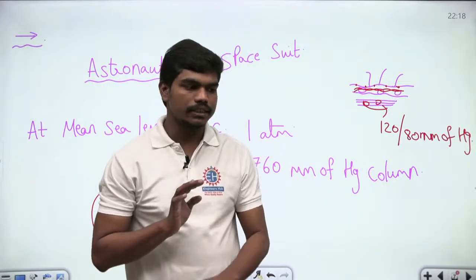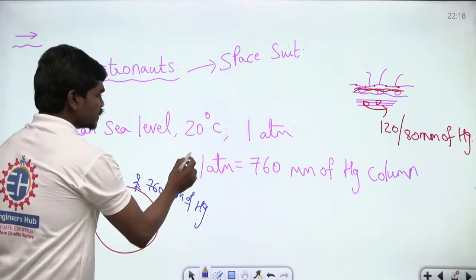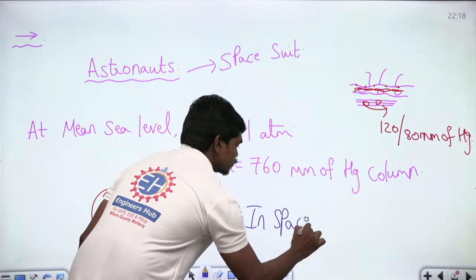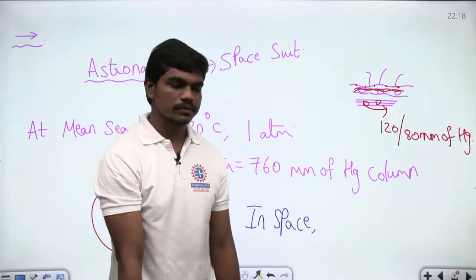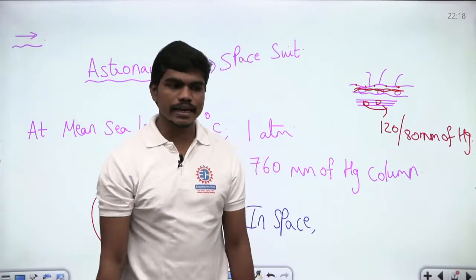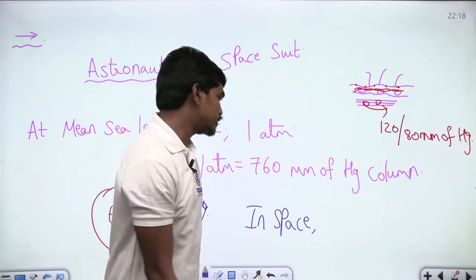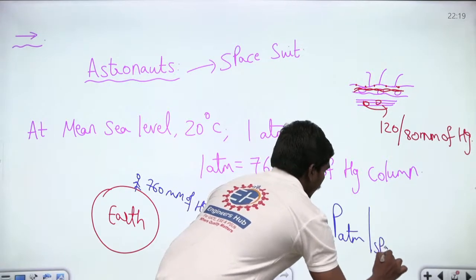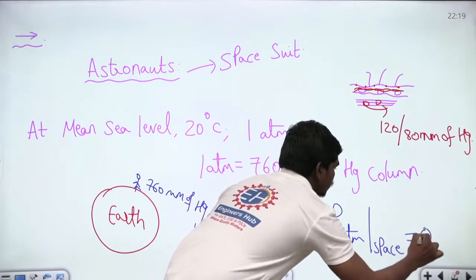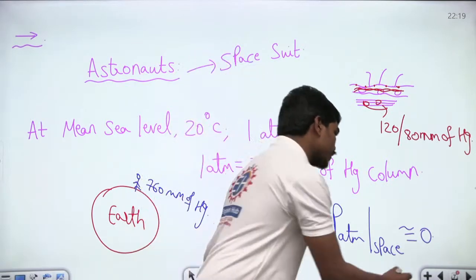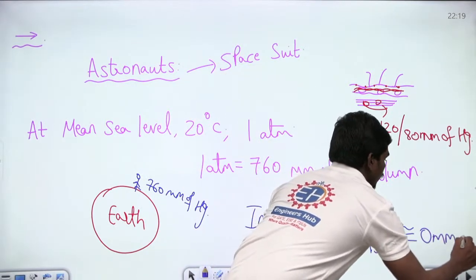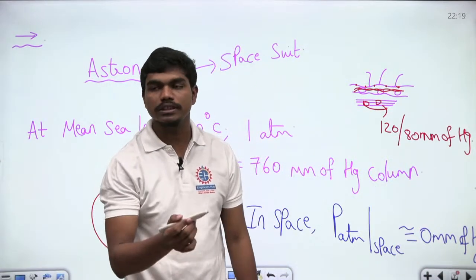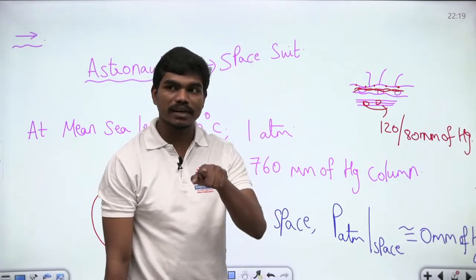It should be inside. Now whenever you go to space, is there any atmosphere? Hardly, no, which means your atmospheric pressure in space is almost 0 mm of Hg, but inside your blood maintains 120 mm.